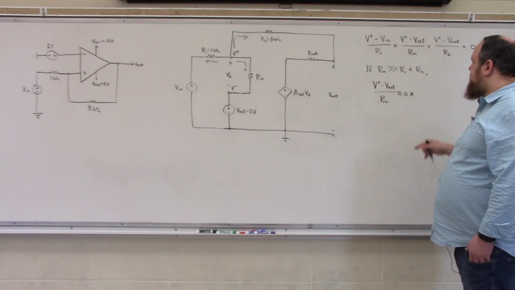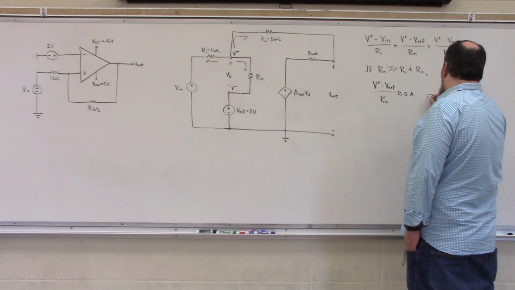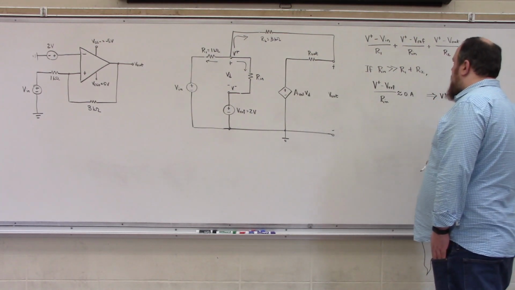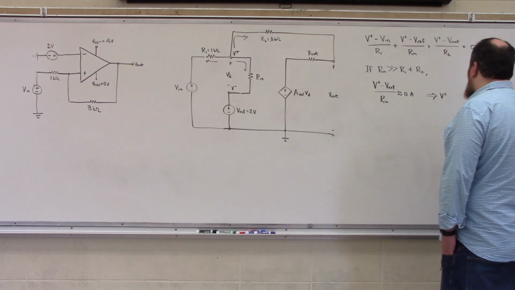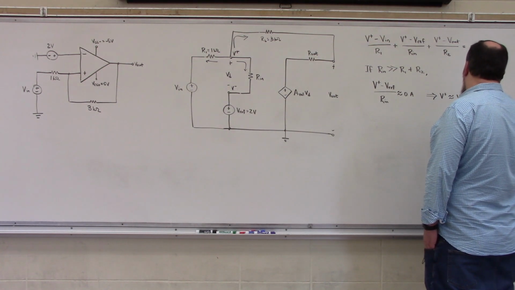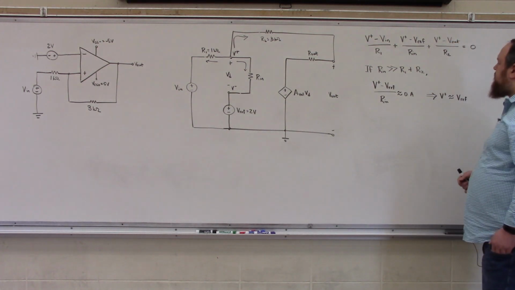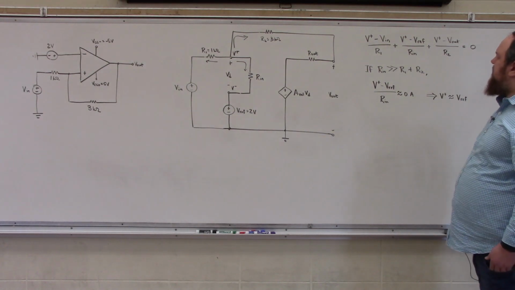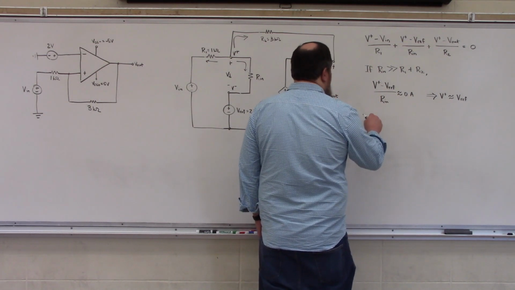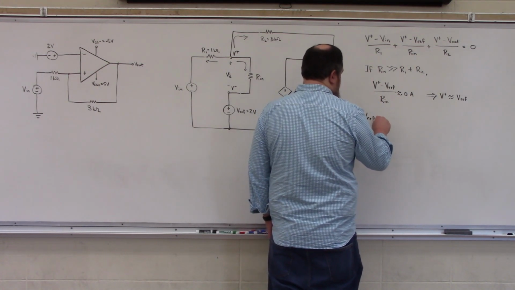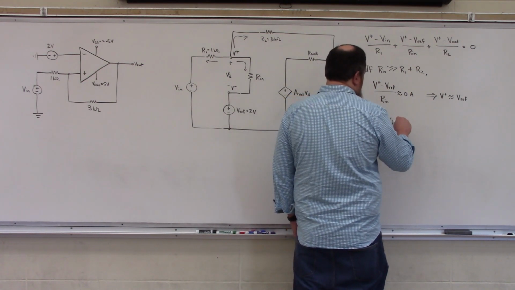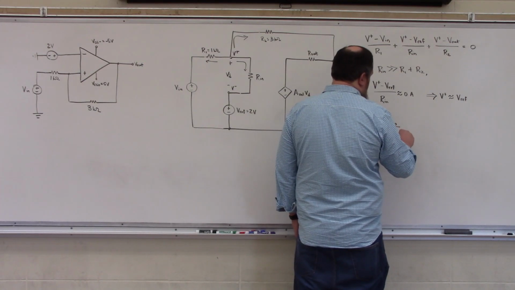Now, one consequence of this assumption is that V plus, our input voltage at the non-inverting terminal, is approximately equal to our reference voltage. So if we substitute in these relationships to our KCL equation, what we get is Vref divided by R1 minus Vn divided by R1.